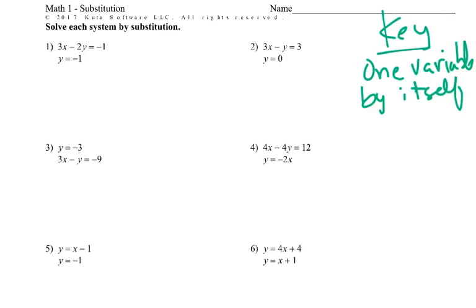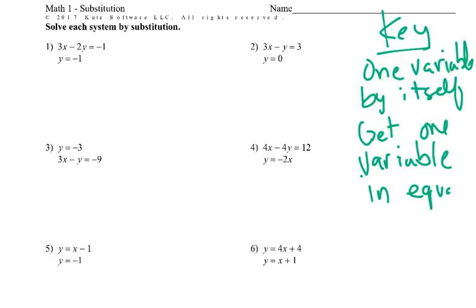Then we substitute what that variable is equal to into the other equation to get one variable in an equation, to not have two variables. And then once we do that, we can solve for that variable and then use that answer to solve the other part. Okay? So let's look at number 1.